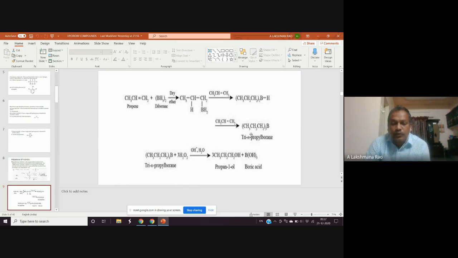So first we are getting trialkyl borane in this reaction.